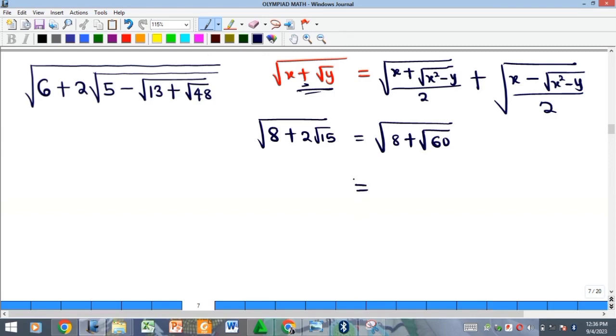So let's try to use this particular formula to see if we'll get the same thing. So we are going to have this, our x here is 8 and our y is 60. So we'll have 8 plus the square root of 8 squared, which is 64, minus 8 all over 2, then minus the square root of 8 again.